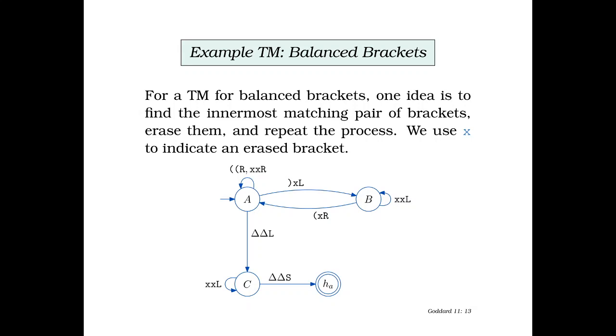So if you encounter the left bracket, you write it down again and move to the right. If you encounter x, then you let it be there and move to the right, and the state in both cases remains the same. And likewise, this keeps going.